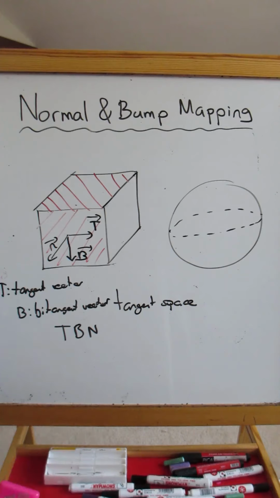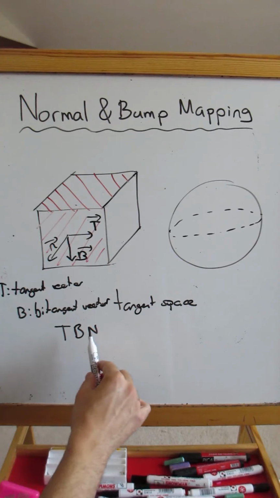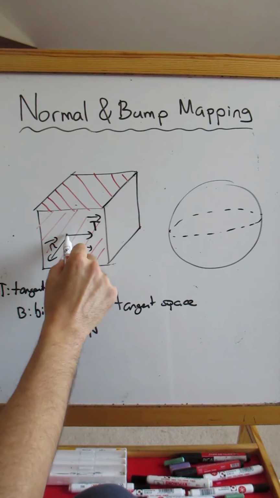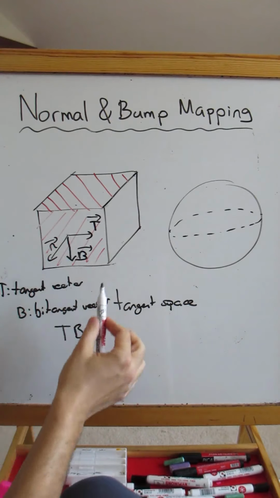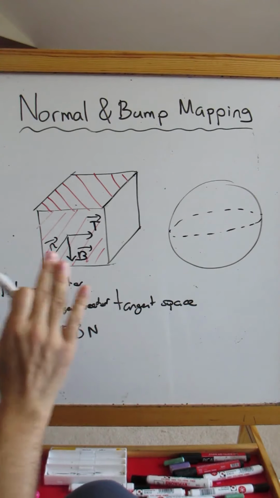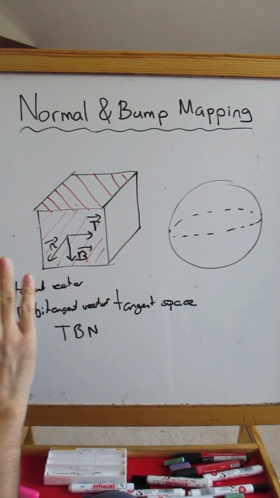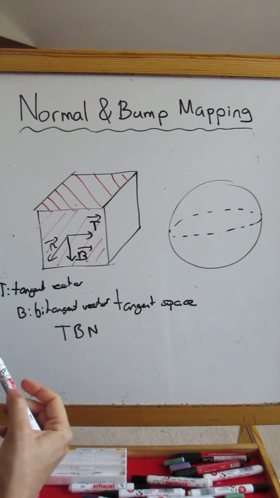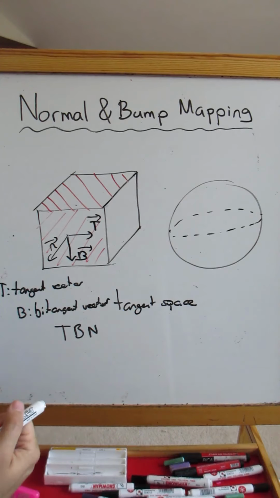So basically, these vectors form a space for every point on the surface. The T and B vectors form the tangent plane, and the N vector is pointing in the normal direction.